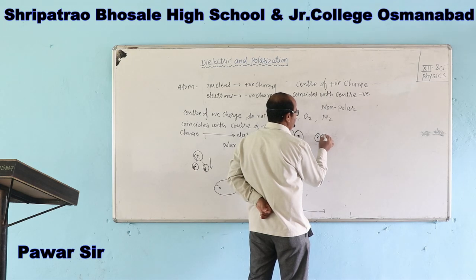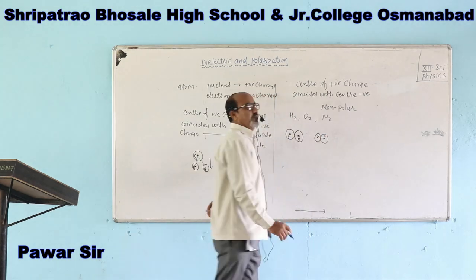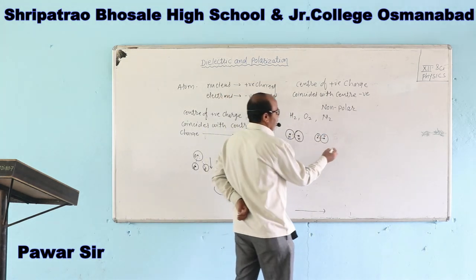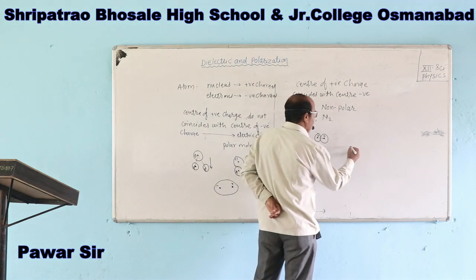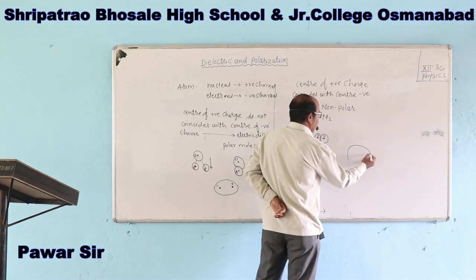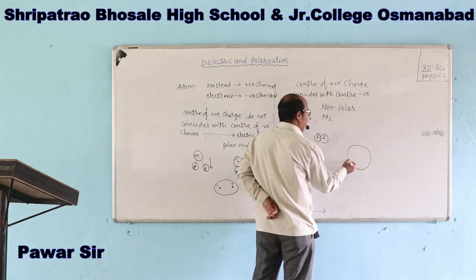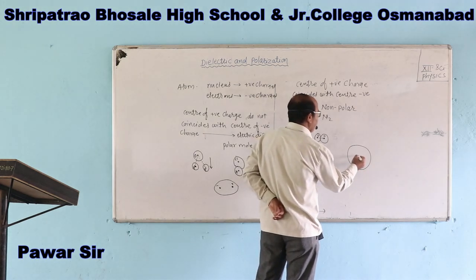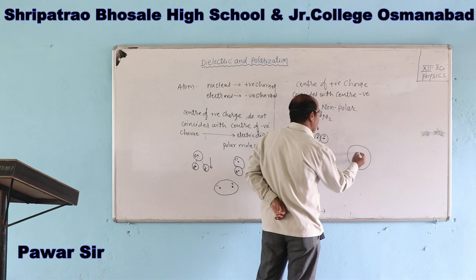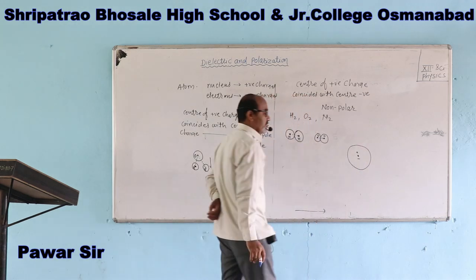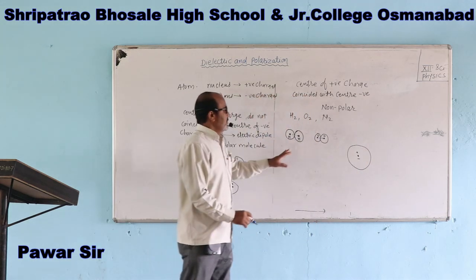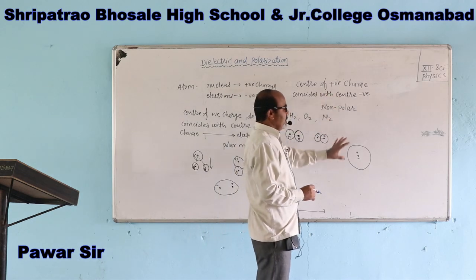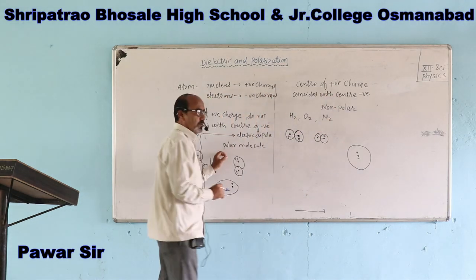This is O2. We represent a non-polar molecule like this. We draw a circle, and this is the center at which both positive and negative charges coincide. So these are non-polar molecules and these are polar molecules.